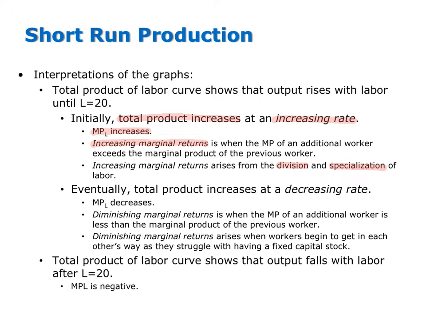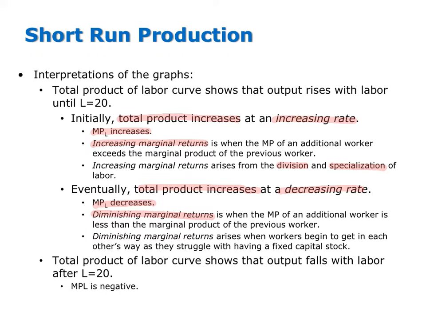However, we saw from the previous graphs that eventually total product, though still increasing, increased at a decreasing rate. This is where the marginal product decreases, a phenomenon called diminishing marginal returns or diminishing marginal product, which is when the additional output from the additional worker is less than from the previous worker.